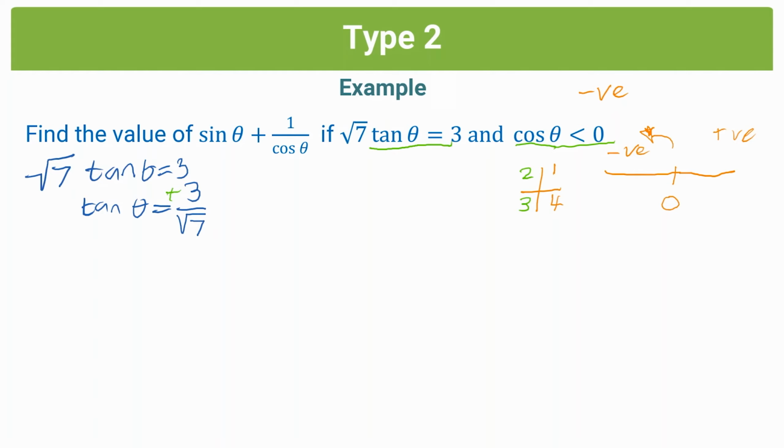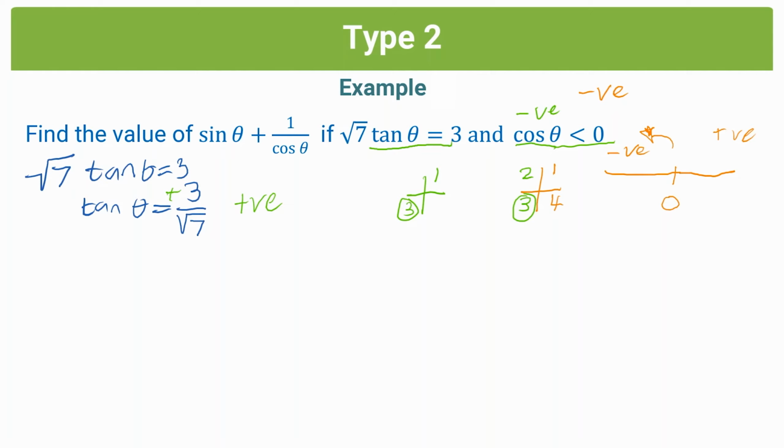So we must be working with a quadrant where cos is negative and tan is positive. Tan is positive in quadrants 1 and 3. So our common quadrant between these two is 3, because cos is negative in quadrant 3 and tan is positive in quadrant 3. So theta must be an angle in quadrant 3.